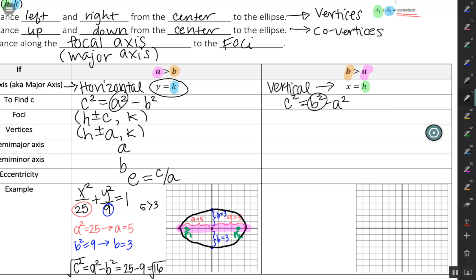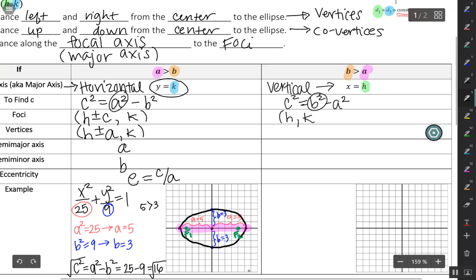You'll know you did it wrong if you're square rooting it and you're getting a negative and an imaginary number. That's how you know you swap them. Okay. The foci this time are going to be moving along the up or down, and so we're going to add it to k. So it's going to be h, comma, k plus or minus c.